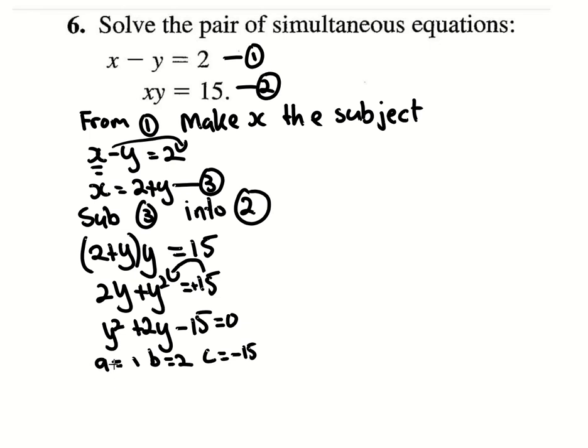The first step is to identify what is A, what is B, and what is C. A is your coefficient of whatever your unknown is squared. B is the coefficient of whatever your unknown is, right, which is y, 2, and C is your constant, which is minus 15, right?